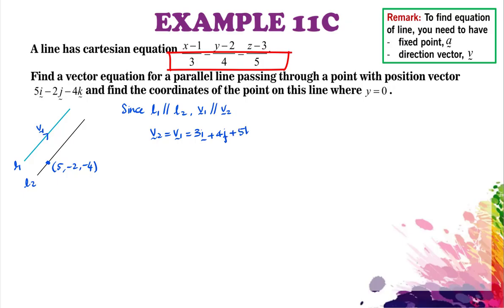So we can have 3i plus 4j plus 5k. Next, we just substitute into the vector equation. So we're going to have r equal to 5i minus 2j minus 4k plus t times 3i plus 4j plus 5k.